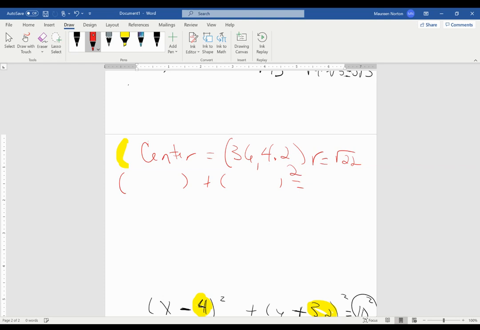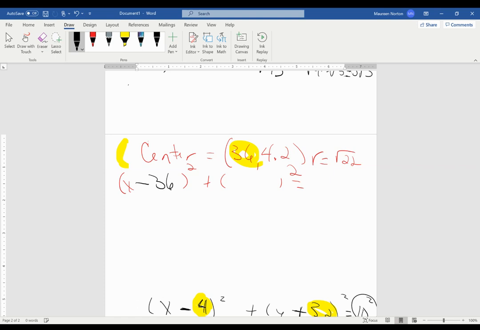We put our squares in here. Then we have x, and we do the opposite of our 36, so we subtract 36.